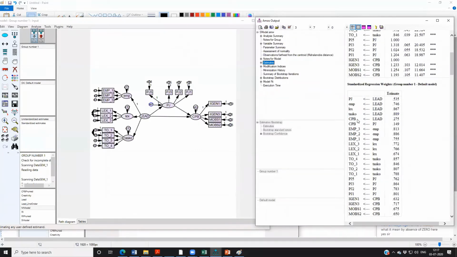And if I have to draw this by hand, what will I do? I will say the unstandardized or the beta coefficient.